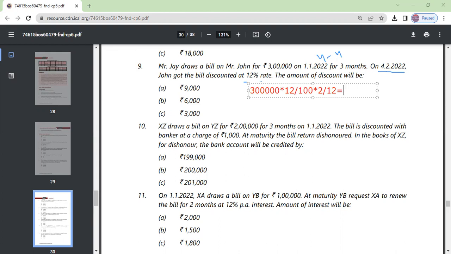3 lakhs into 12 by 100, 2 by 12, 6,000. 6,000 is what? Discount amount or amount received from the bank? Discount amount. What is the question? Amount of discount. So answer is 6,000. If the question is how much amount our bank account will be debited, or how much amount we received from the bank, 3 lakhs minus 6,000.